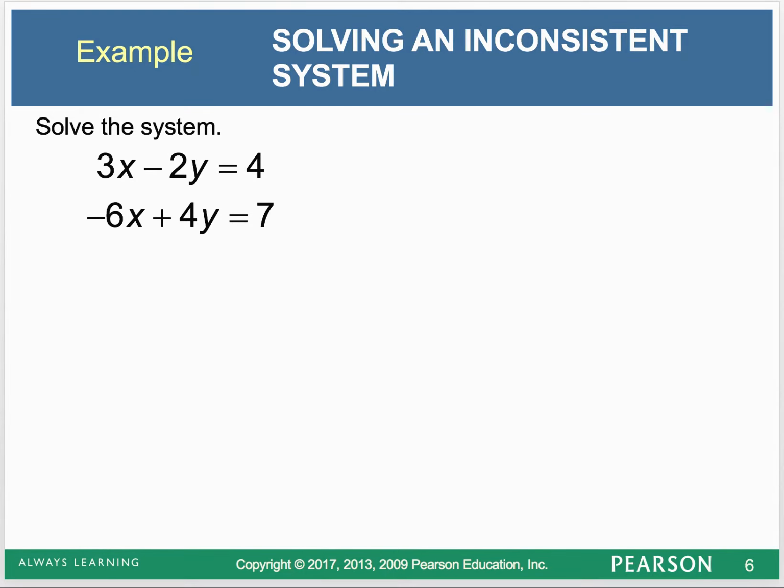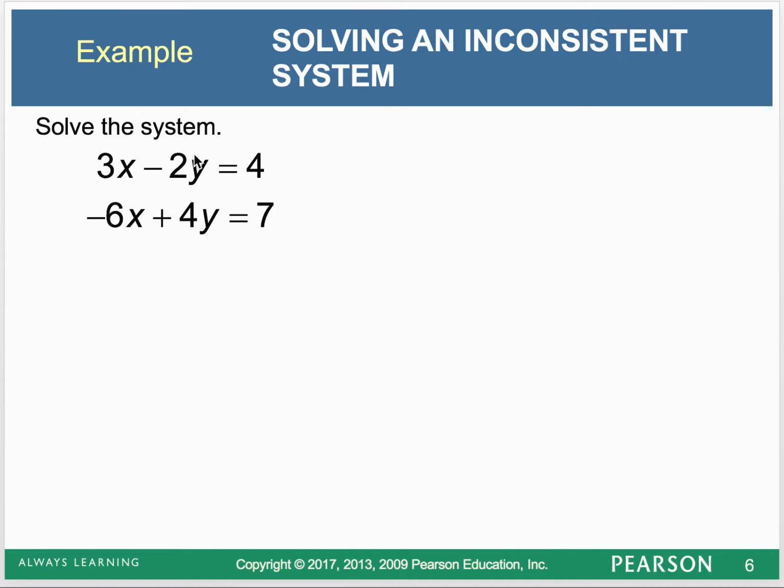Okay, so this one gave us a clue. It says solving an inconsistent system, but let's see what that means. Again, it's set up nicely for the elimination method. They both have a plus and a minus. Here are my smallest numbers, so I'm going to multiply this equation by 2.